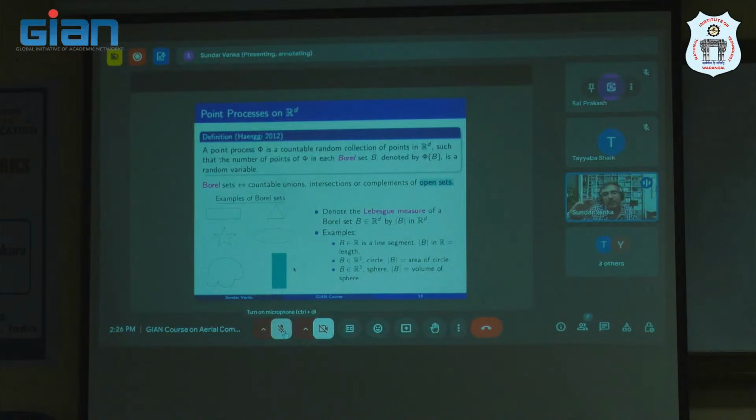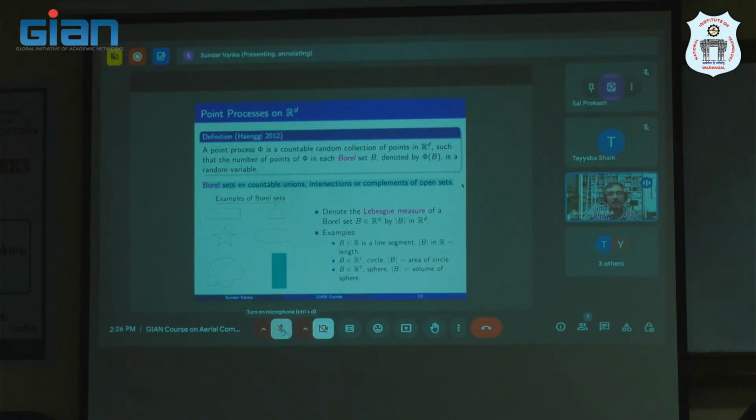So all the nice shapes that we can draw by hand, and the shapes that we care about, they're all Borel sets. So for our practical purposes, this technical requirement is met. You don't have to worry. But to be technically accurate, you need to describe it in this way.